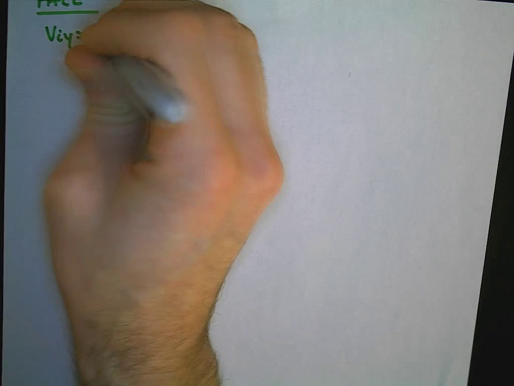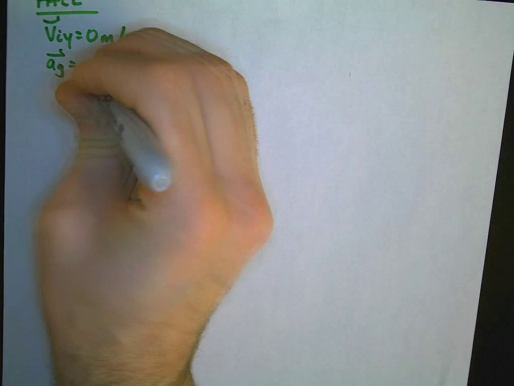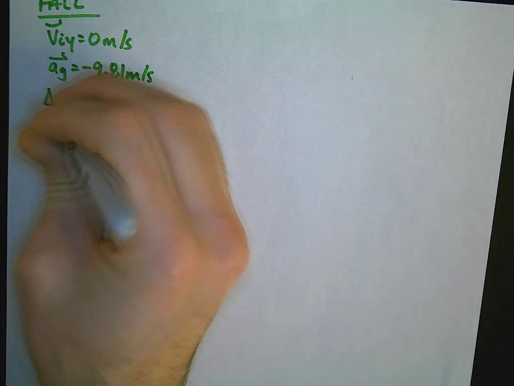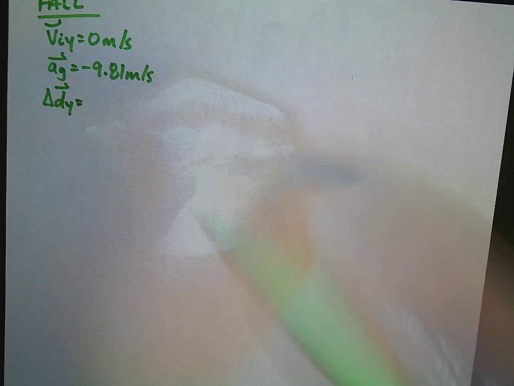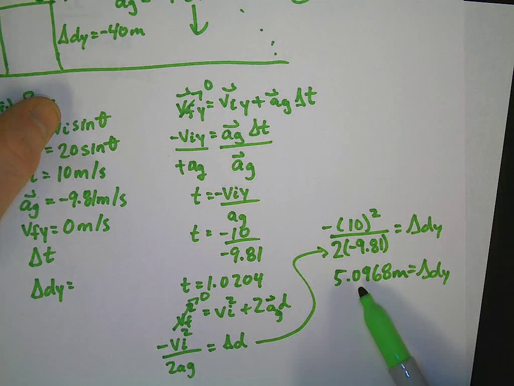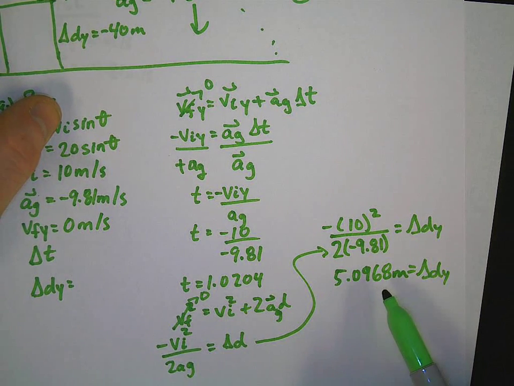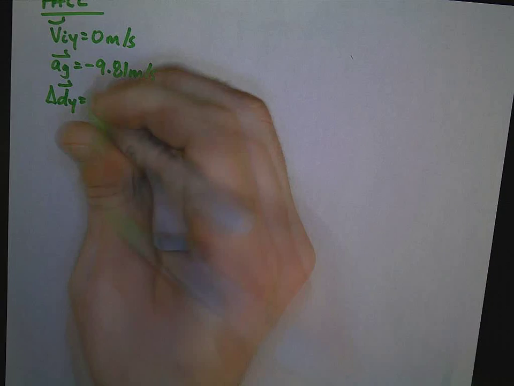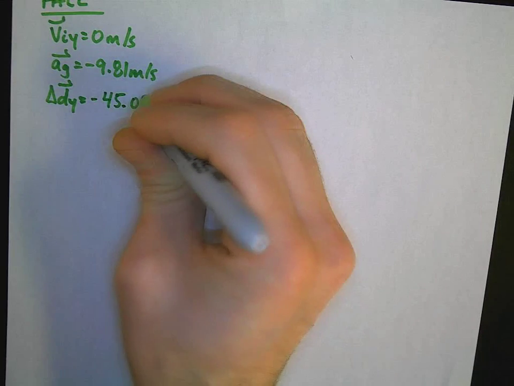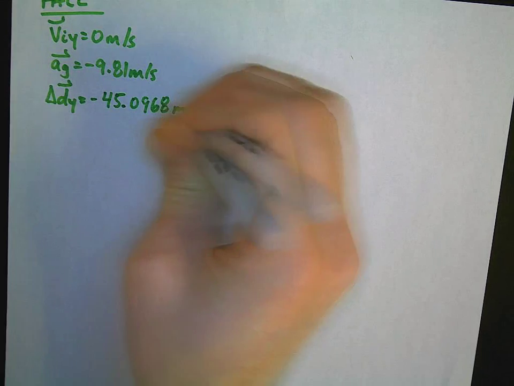My acceleration due to gravity is still negative 9.81 meters per second squared. My displacement in the y direction, it was initially at 40 meters, and add this 5.0968. So it will now be negative 45.0968 meters, and let's calculate our time.